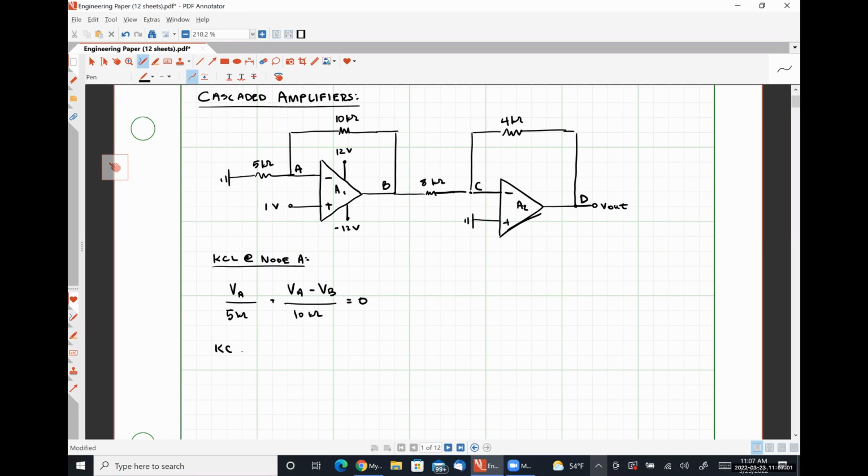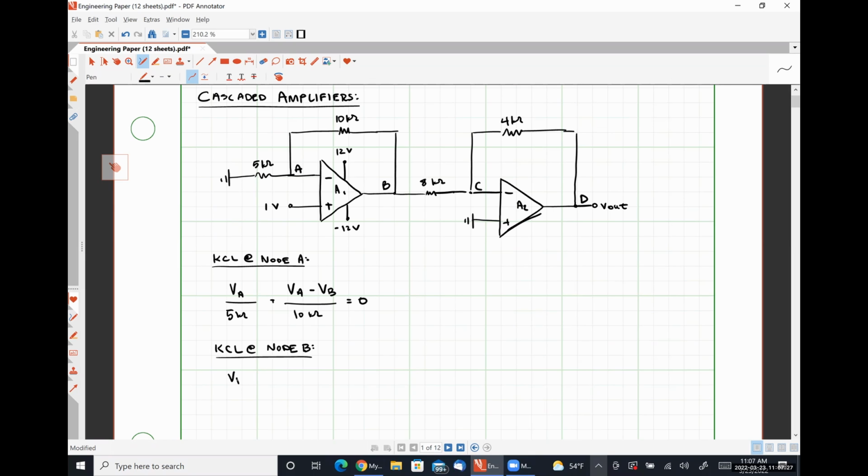If we apply KCL at node B, we're going to run into a difficulty. And so let me explain what I mean by that explicitly. The current that's flowing up through the 10 kilo ohm resistor is easily defined in terms of our nodal voltages.